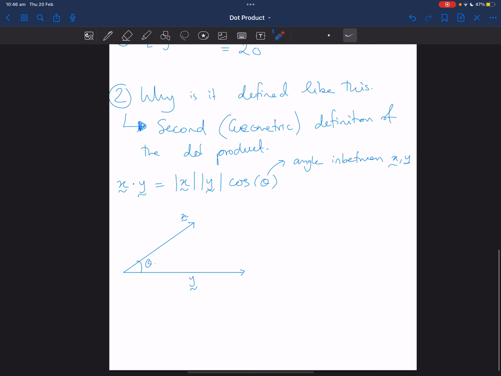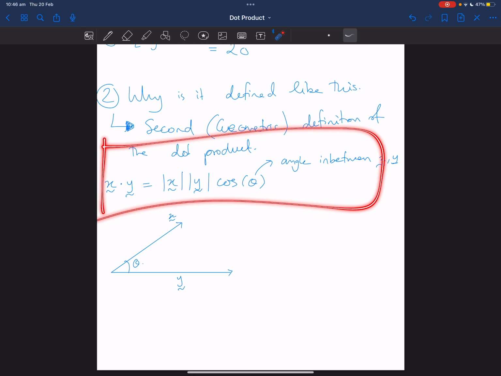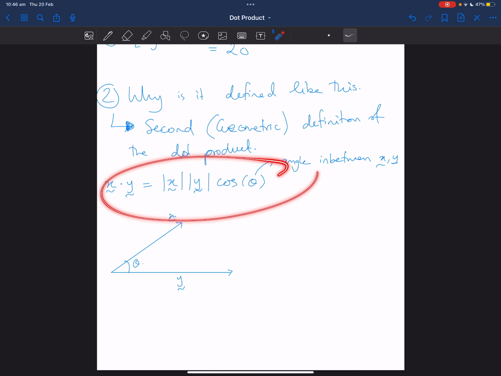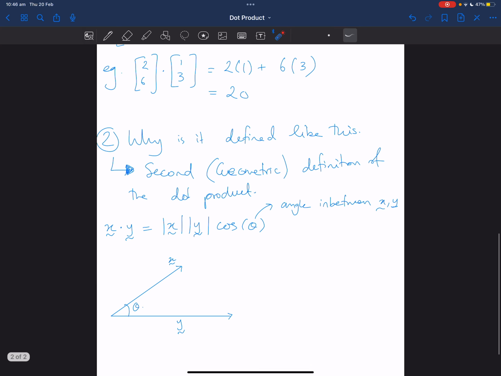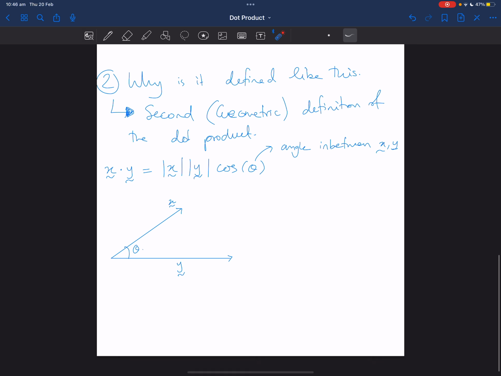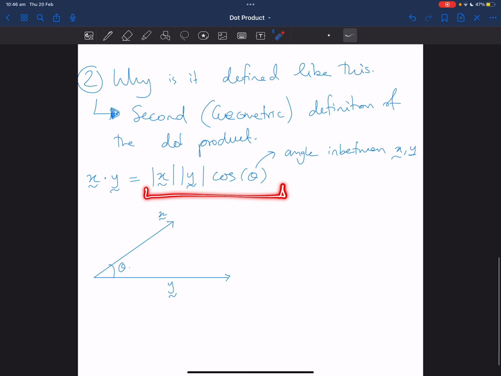Now, in my opinion, I think this definition should be taught first, because with this definition, we can actually understand what is so important about this number associated with the dot product. That's because this has a very specific meaning and a very nice intuition.